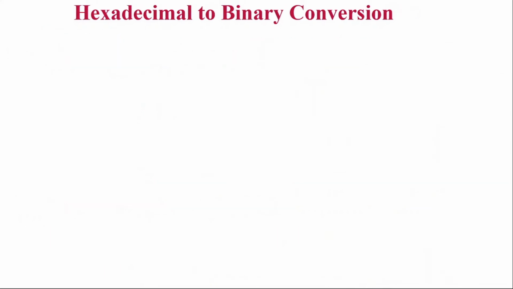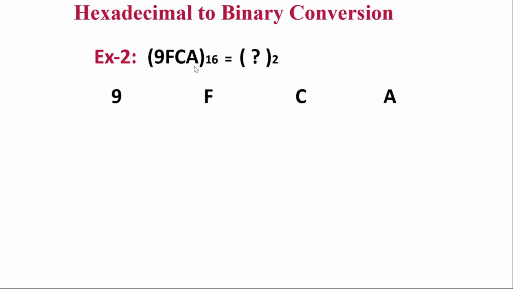Next, let us consider example 2. Here we have to find the binary equivalent of the hexadecimal number 9FCA. First, we have to write the hexadecimal number. Then we have to write the binary equivalent of hexadecimal numbers as a group of 4 bits.